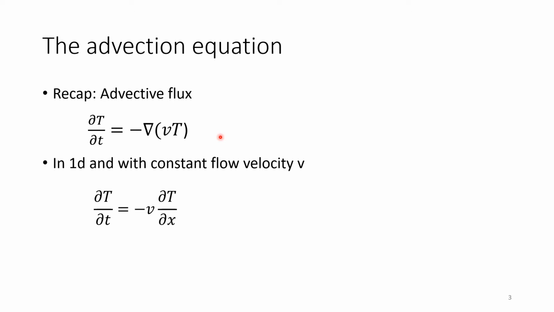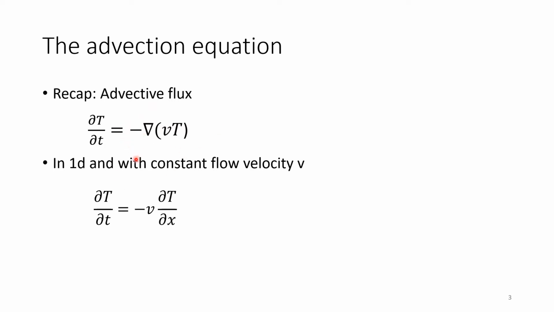I simply want to discuss the advection. So I skipped that part of the flux. So we simply have the change in time of my property. Here it's temperature. And this is balanced purely, there are no sources, nothing else, by the advective flux through the surfaces of my control volume.